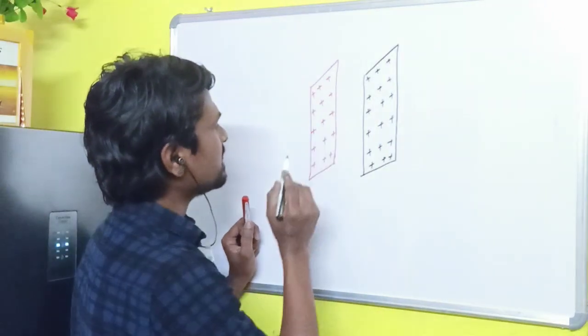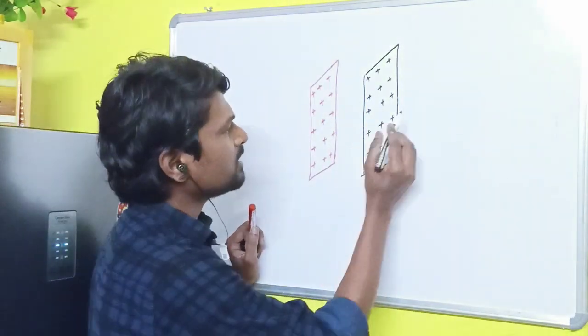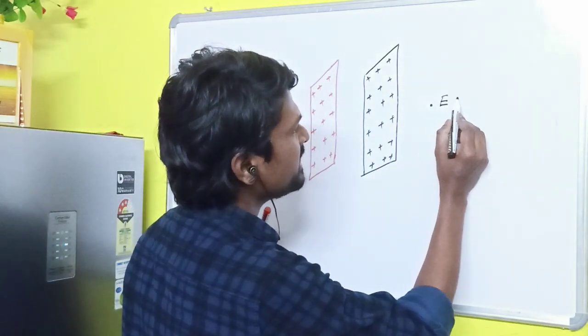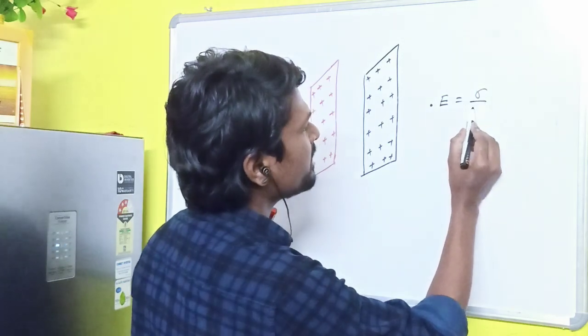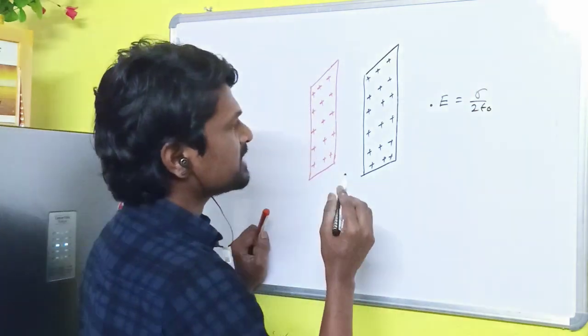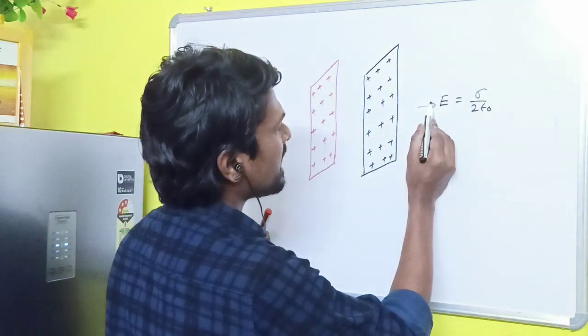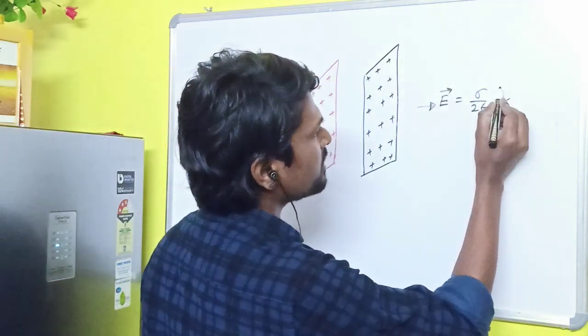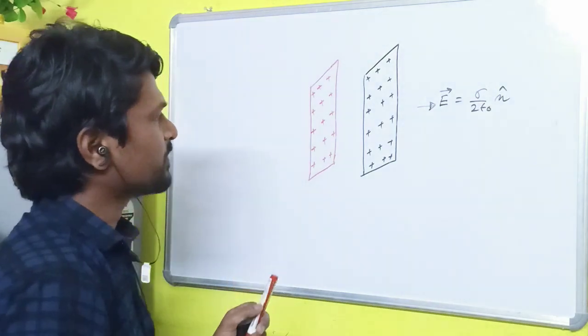And if we consider that particular one, then at that point the electric field E equals sigma by 2 epsilon naught and acts along this direction. If we take it as a vector quantity, then this is n cap.